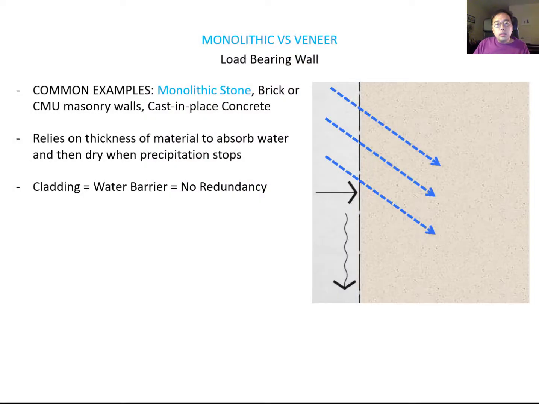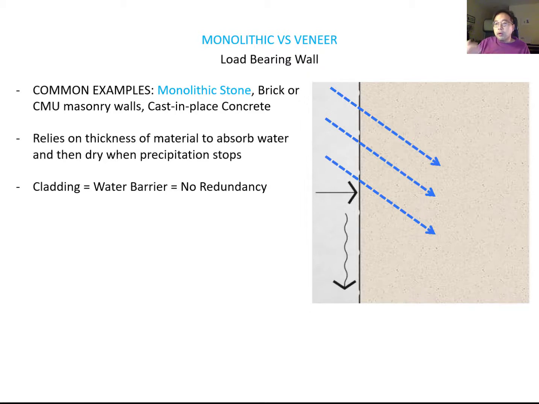So now we talk about the stone panel assembly. We already discussed assembly types from the brick veneer assembly. We talk about the load-bearing wall, the monolithic wall, and the barrier wall system. You remember what the load-bearing wall is.